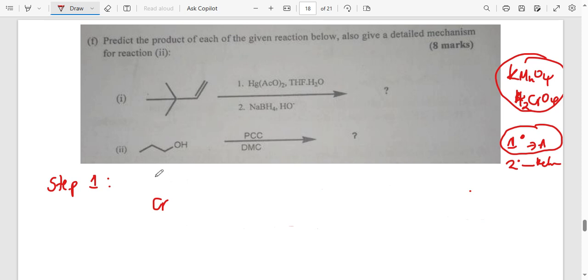Cr, double bonded to oxygen, double bonded to oxygen, and then you have got a chlorine which is bonded to OH. That is one component of PCC, and then you have got pyridine.